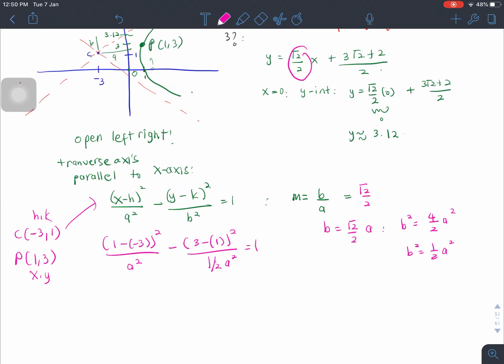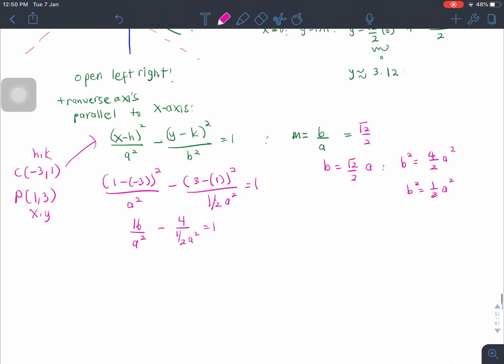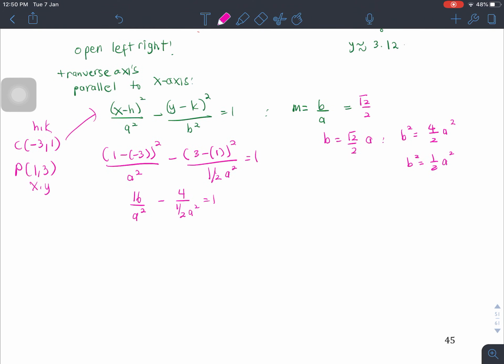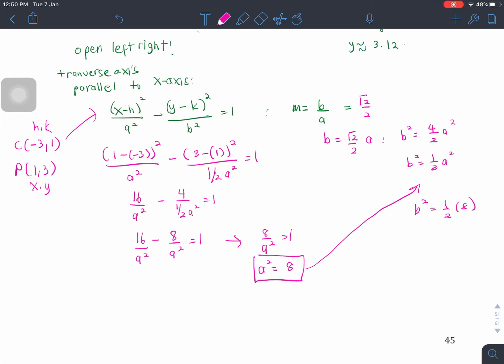So you have 4 squared, 16, over a squared, minus 4 over half a squared, equal to 1. Simplify, and you get (16 minus 8) over a squared equal to 1, so 8 over a squared equals 1, and a squared equals 8. Then substitute into this: b squared equals half multiplied by 8, which equals 4.